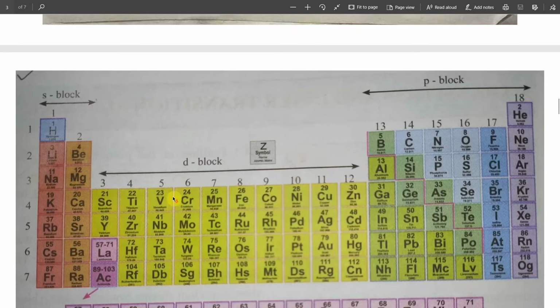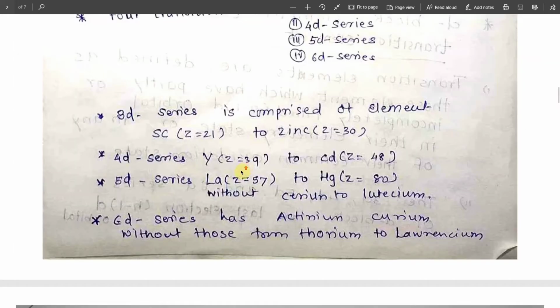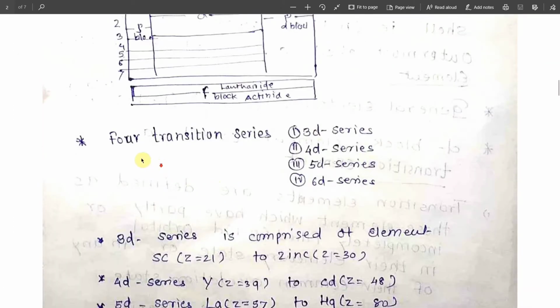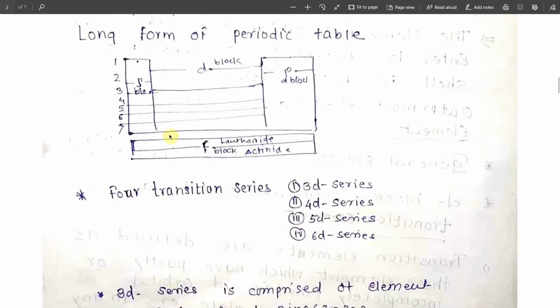So we have to observe that this is the S block and these are the P block. The yellowish portion observed in the long form of the periodic table is the D block element.